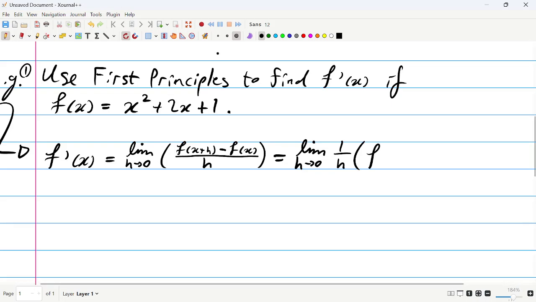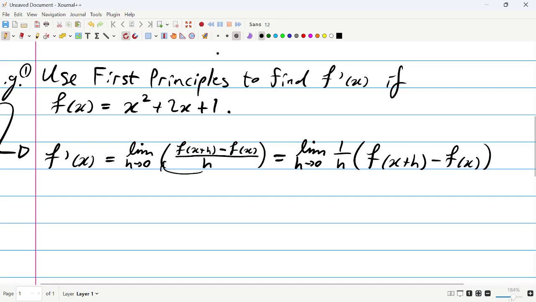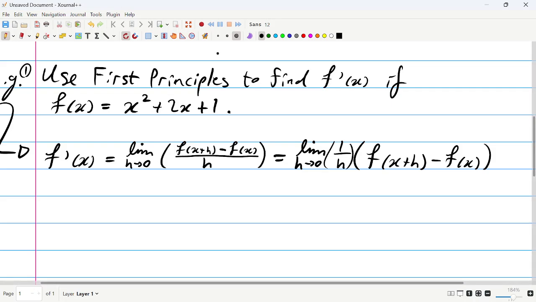And then we can write it as 1 over h times f of x plus h minus f of x. What did I just do? I just took the h outside as 1 over h, basically. So you can see that. And clearly we don't have to work with a lot of fraction work at this point. It's much easier to read.